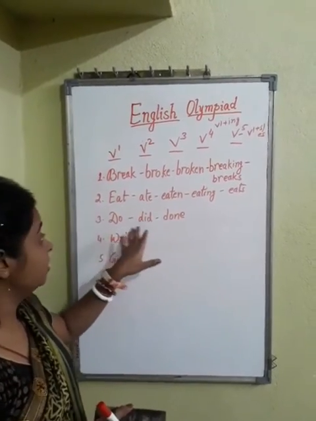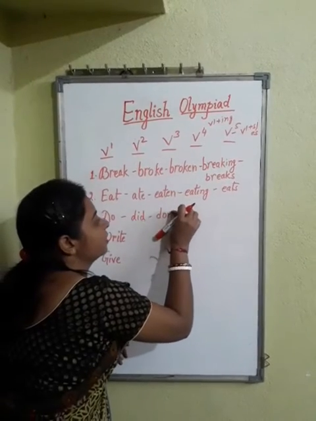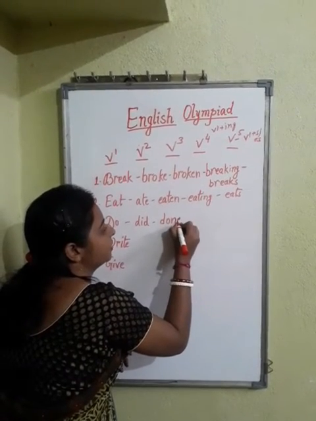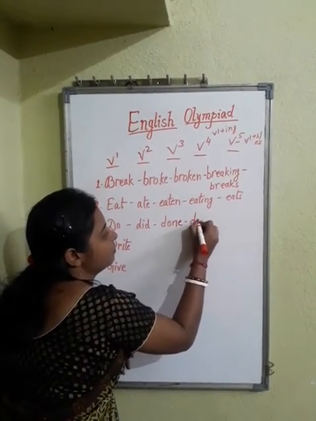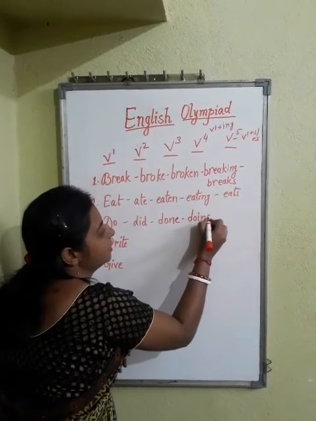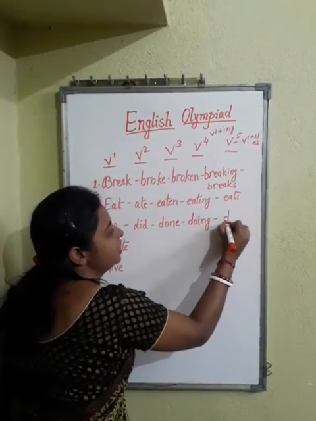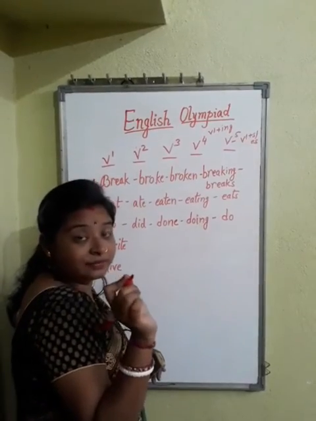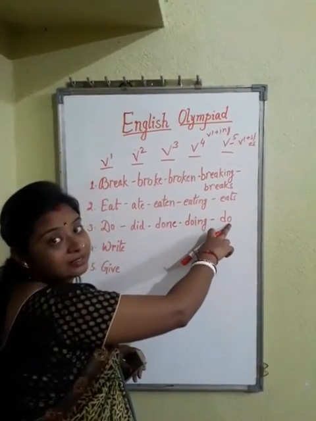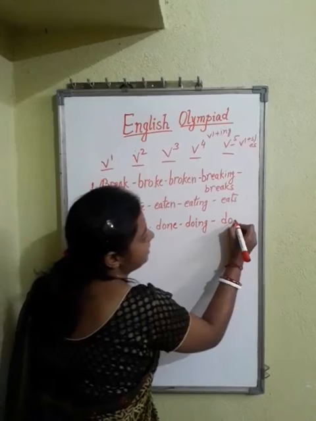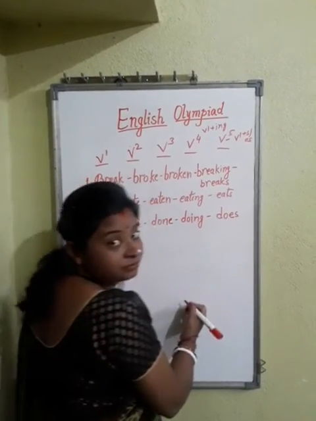So have a look at this one. Do, did, done. Now how can we form V4 from it? We just have to add ing along with this. Doing. And for do, we cannot add S because the last letter is O. We have to add es here. It will be does. Okay.